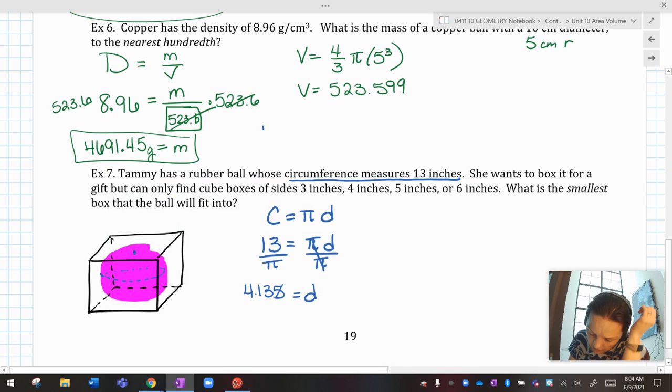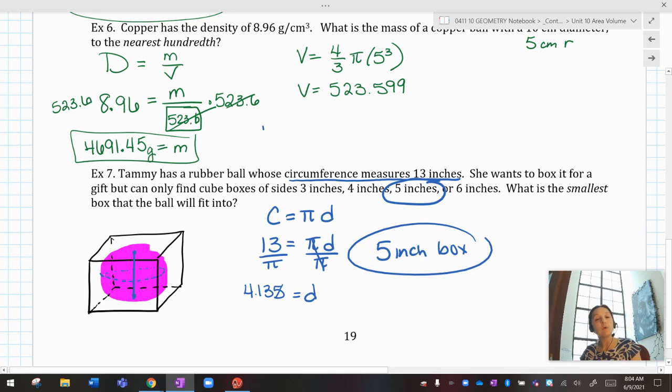So that means from top to bottom, this thing is 4.1 inches. So she needs a 5-inch box. No volume, no density, just trying to figure out what I needed for this one. As a matter of fact, it was only the circumference formula.